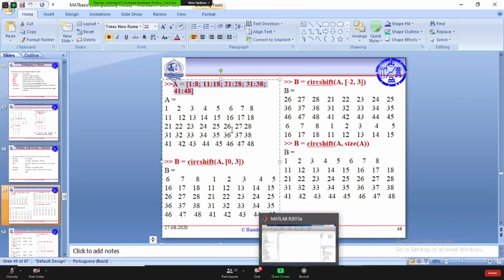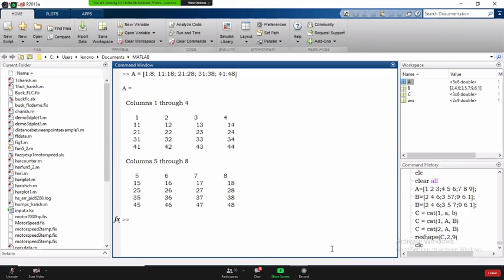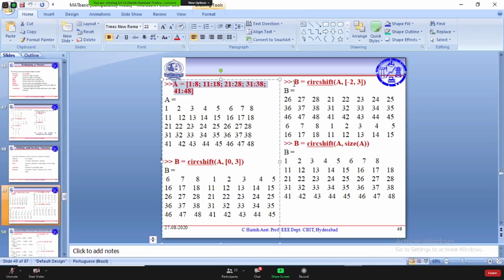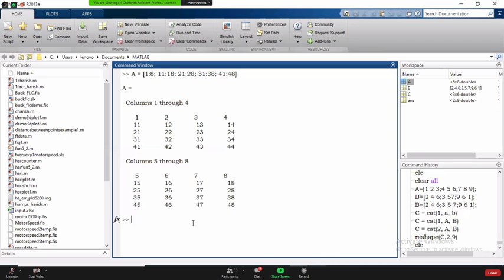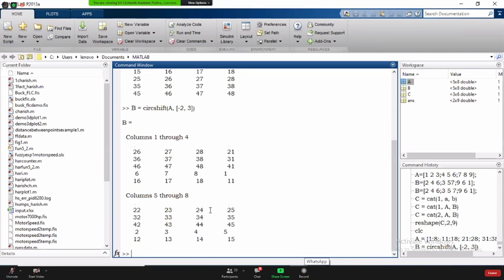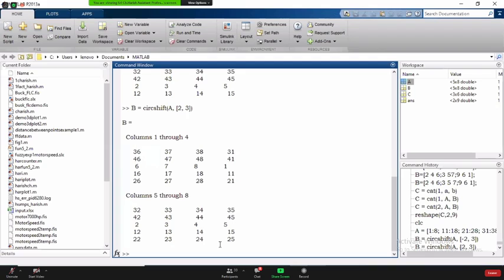Okay, this is the matrix. Now I'll check this one. I'll first verify the same thing I have copied there. Now the same thing I'll do here with plus.